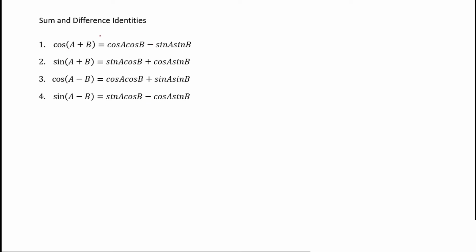If it's the cosine of A plus B, then you're going to be doing a subtraction between the two parts. And if it's the cosine of A minus B, then we're going to be doing an addition between the two parts. So you need to find some way to keep those in mind so we don't mess up the sign, which is obviously easy to do. Alright, so those are the four identities. That's it for the derivation of the sum and difference identities. Thank you for watching.